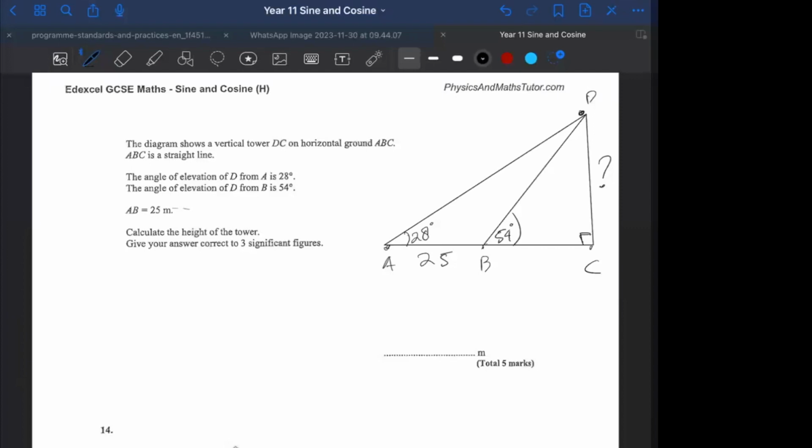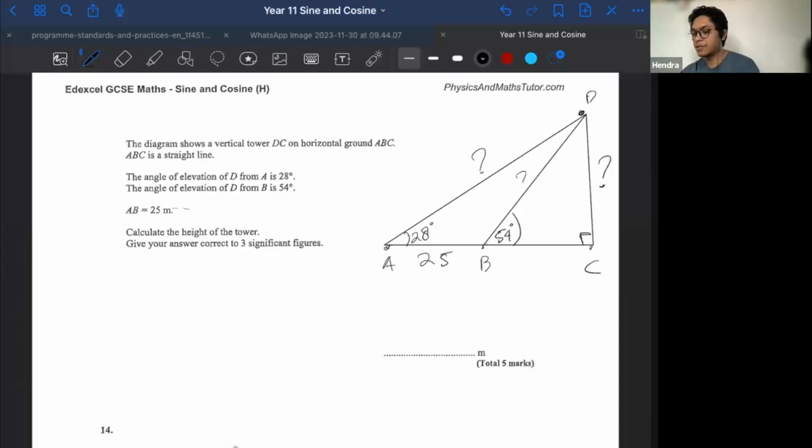We don't know this, we don't know this. So we can use the sine rule.